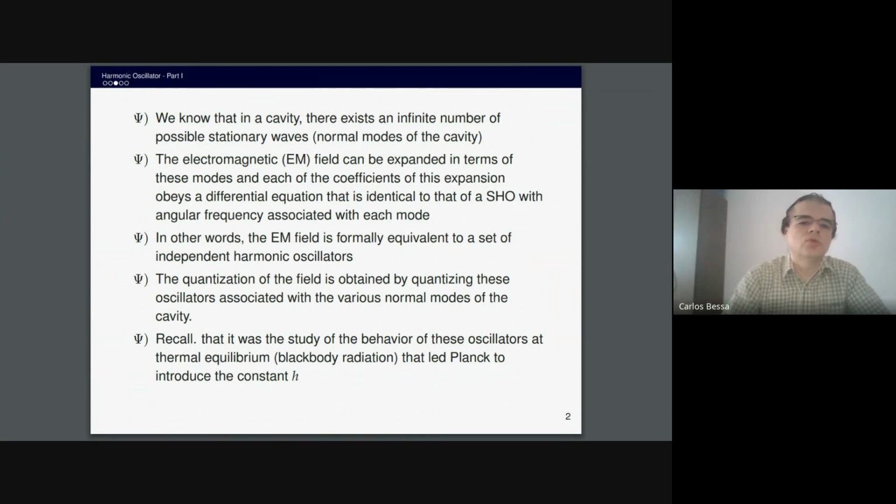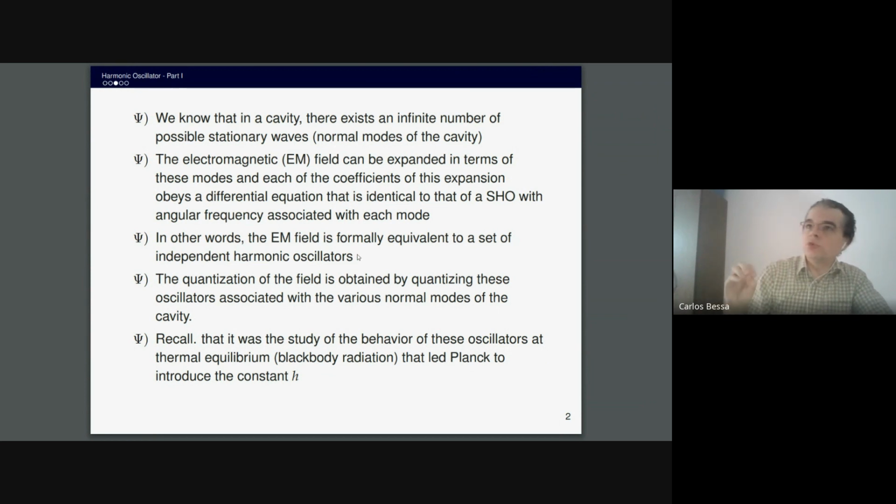This is what we know from electromagnetic theory. In other words, the electromagnetic field is formally equivalent to a set of independent harmonic oscillators.